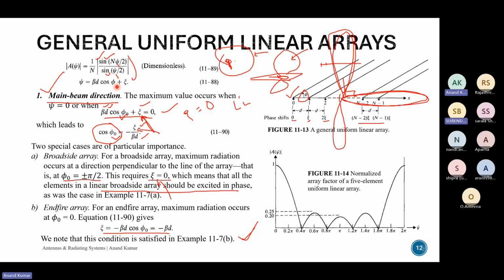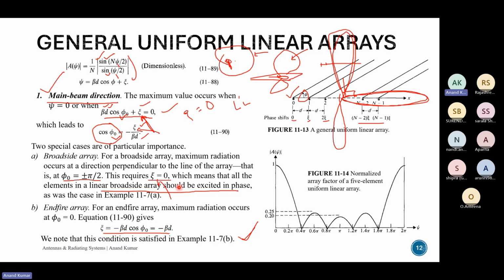If that is perpendicular to the array, which is the broadside direction, when we substitute that inside this expression, we get the value of xi equals 0, which means if all of the array elements are excited in the same phase, we have the radiation in the broadside direction.